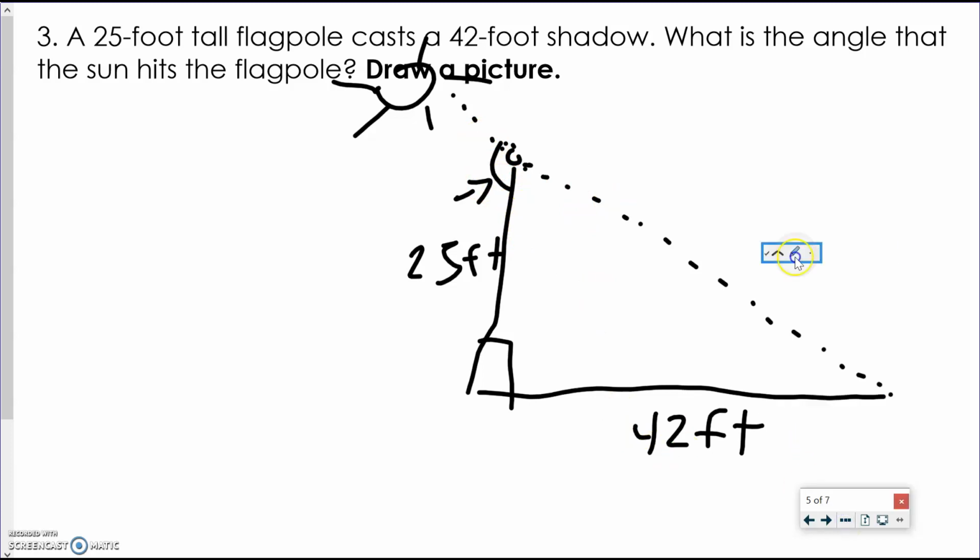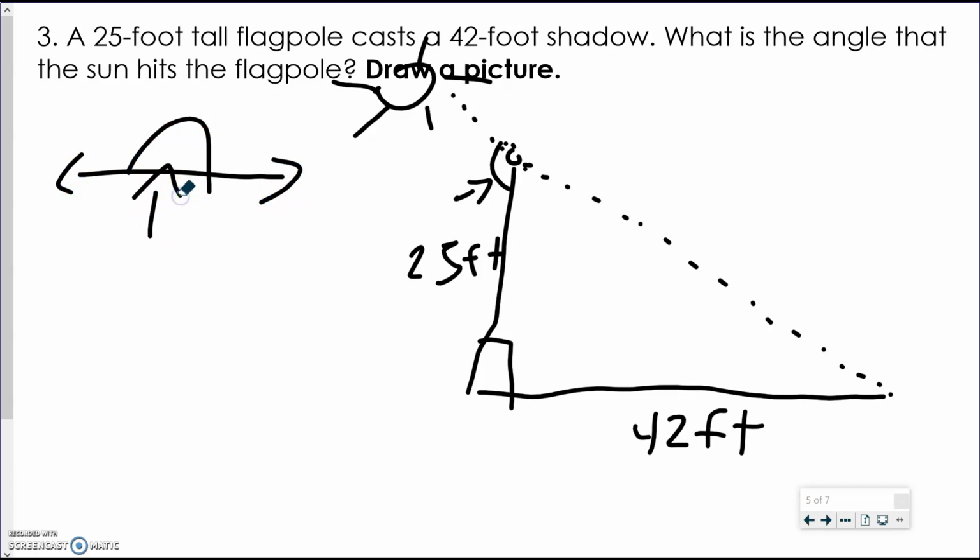Well, one thing that we hopefully all should know is that if we look at the angle of a straight line, any straight line, if you draw an angle on it, it is going to equal 180 degrees.